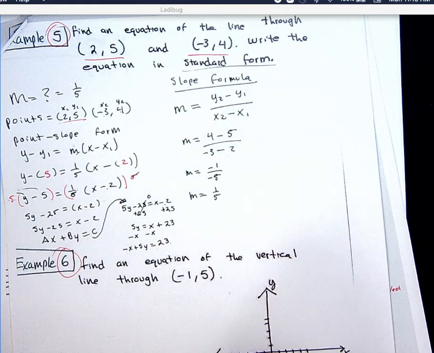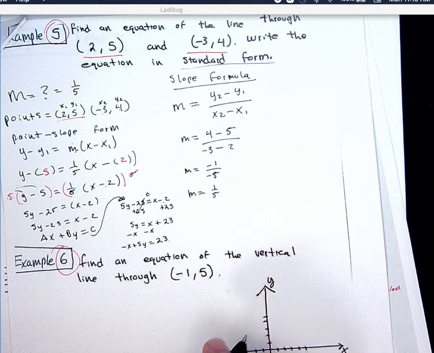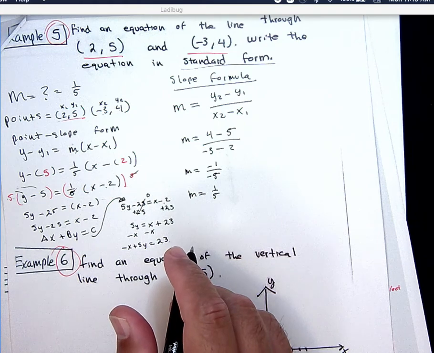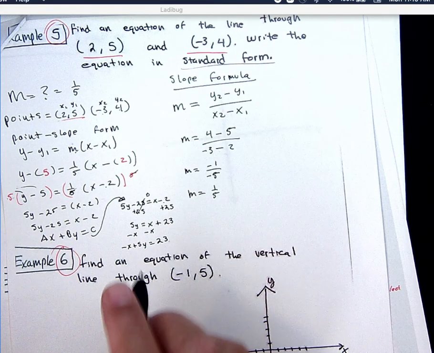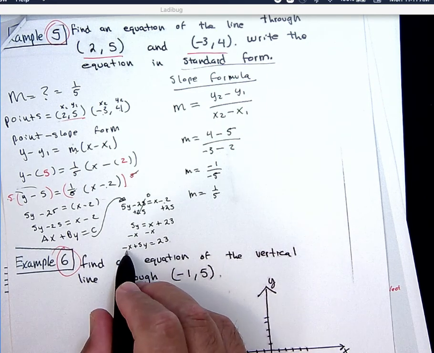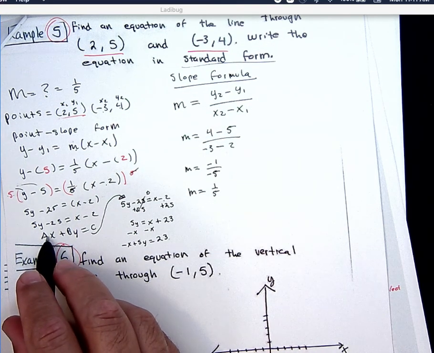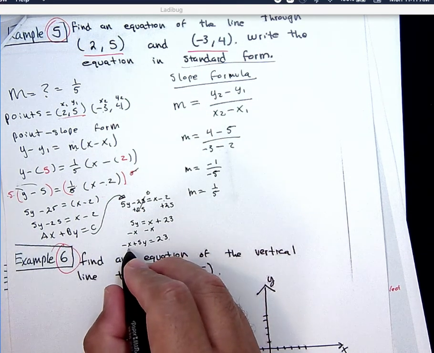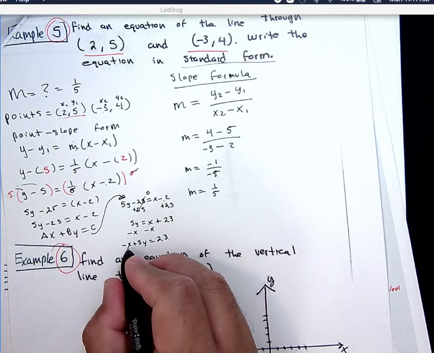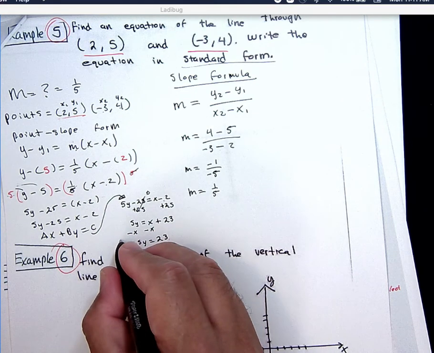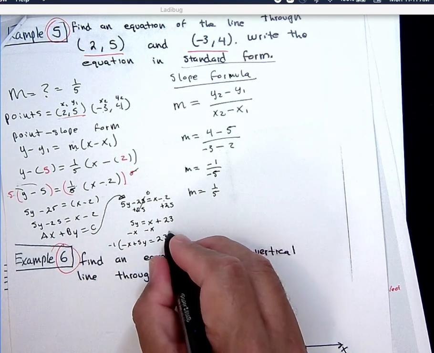Okay, we are not done, even though here in the book they don't do it. But usually we don't want a negative for that. If you notice, that one doesn't have a negative anywhere. So to get rid of that negative, we're going to multiply the same thing by a negative 1.